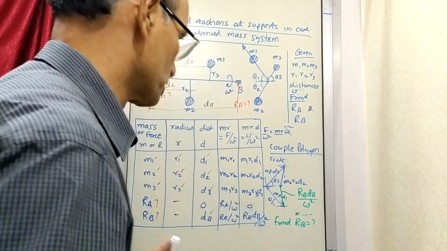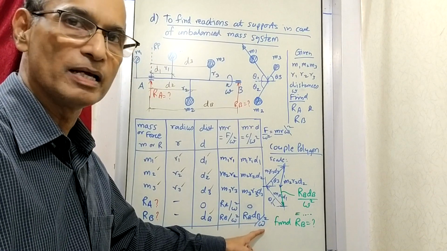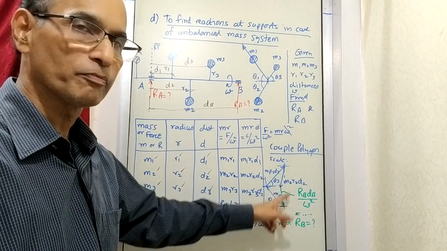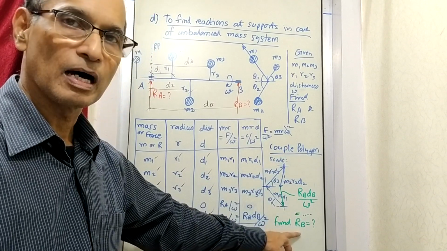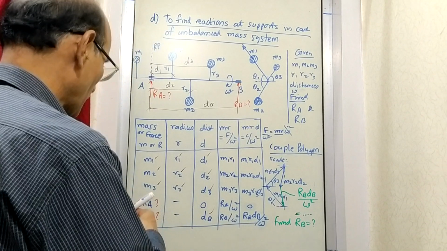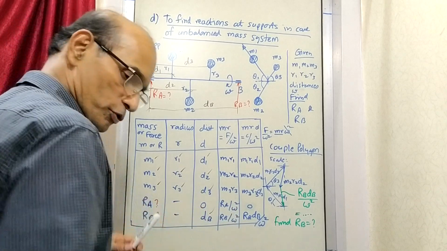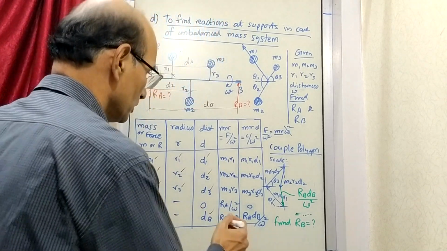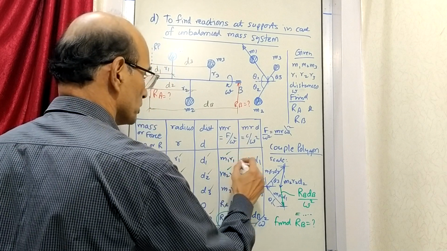So we got the force. The RB force which we wanted to know, we have calculated by making use of the couple polygon. The closing vector was this, which has given us RB. Now this value RB is known, so that now this also is known. So you can now say that this is now known. Earlier this was known, this was known.